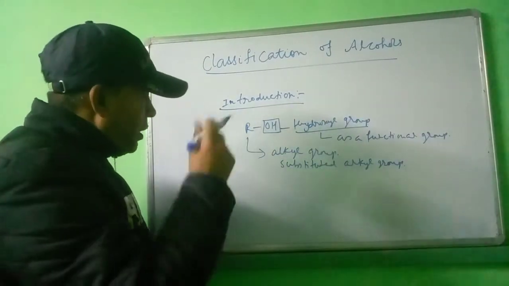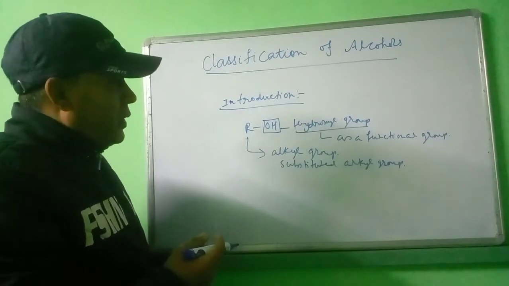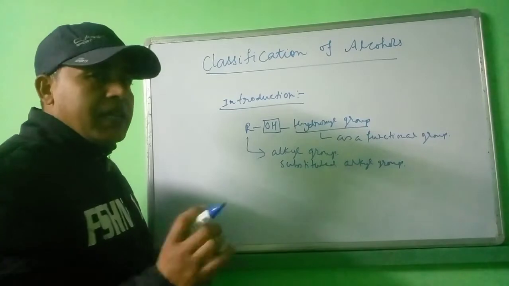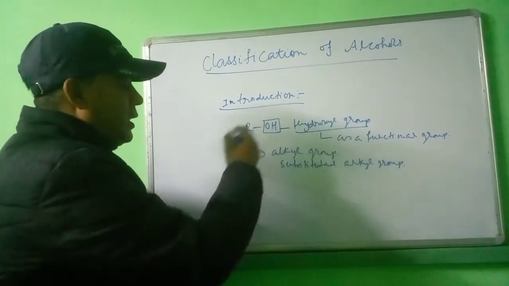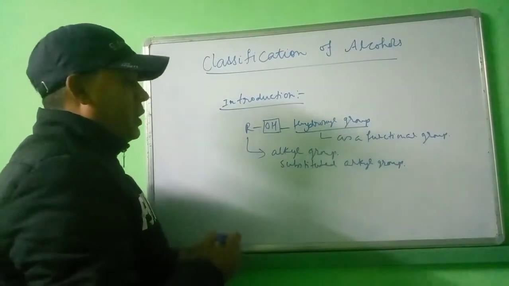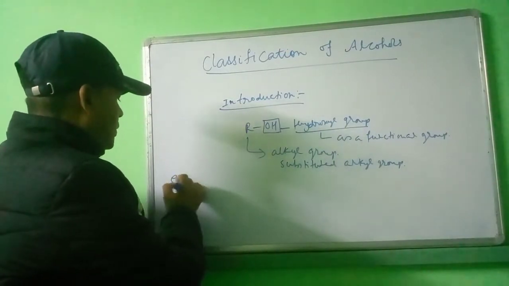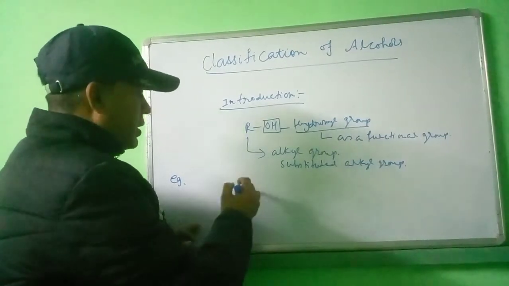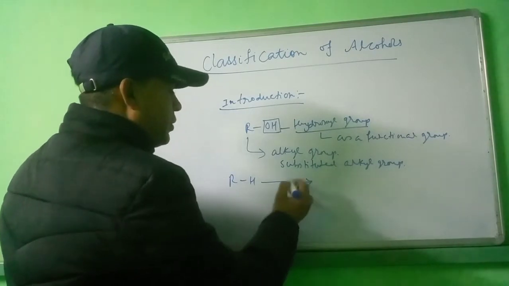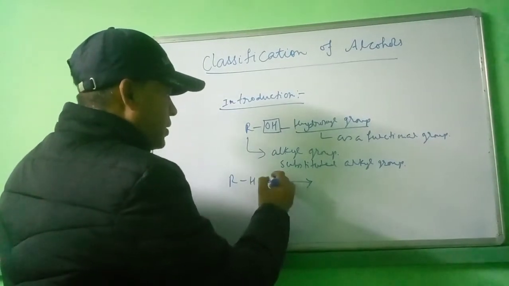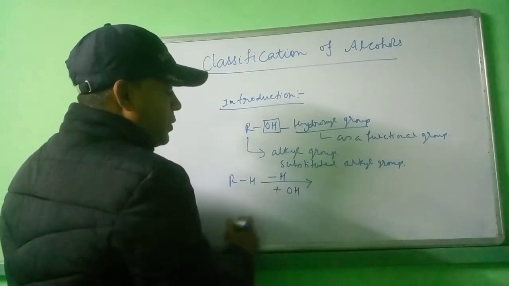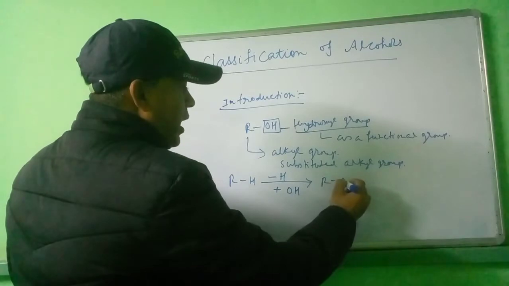Now, alcohols may also be regarded as alkyl derivatives of water. I will give an example. For example, suppose we obtain the alcohol from a hydrocarbon RH: removing this hydrogen atom and adding an OH group, a hydroxyl group, we get ROH.